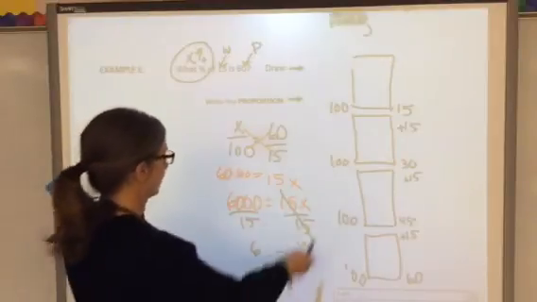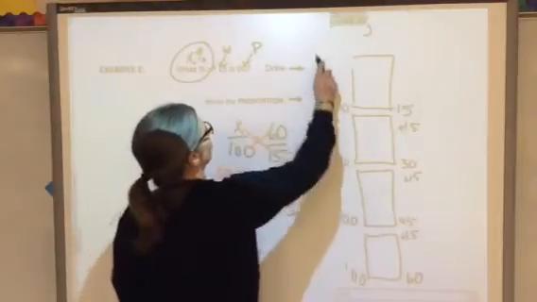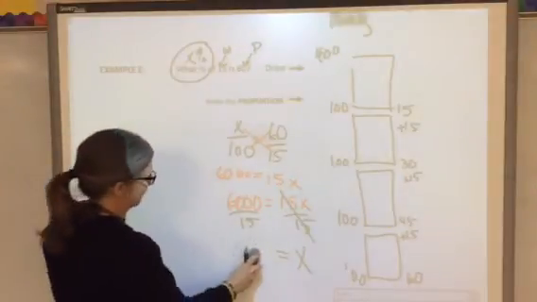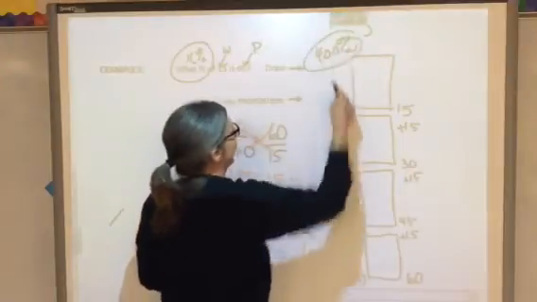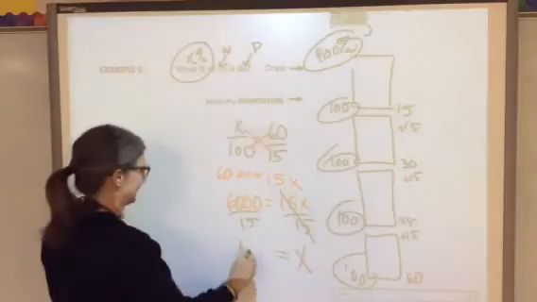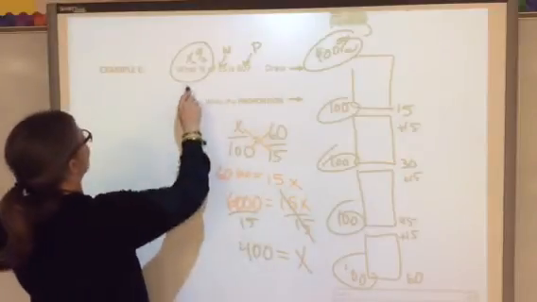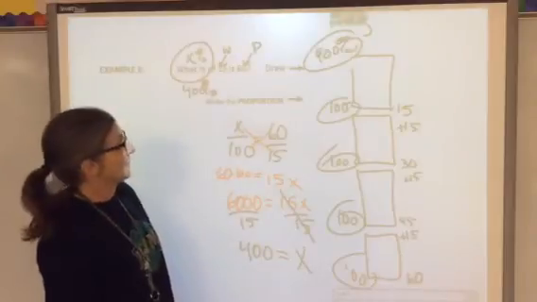Oh, okay, it's 400. I said the answer was 400%. So 6,000 divided by 15, yes, that is 400. It's 400% because we added up all of these. So x is what number? 400%. All righty, so there we go.